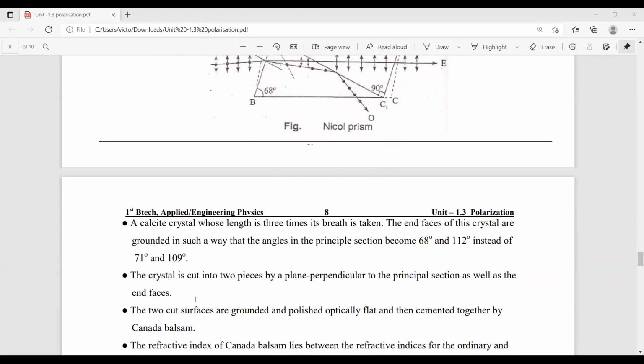And the second step is the crystal is cut into two pieces, perpendicular to the plane of the principal section.